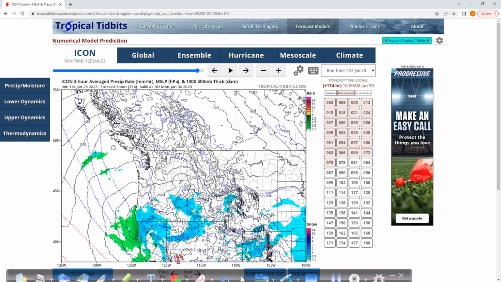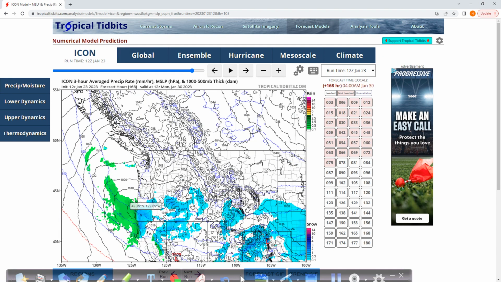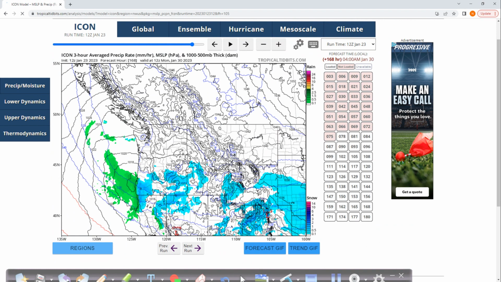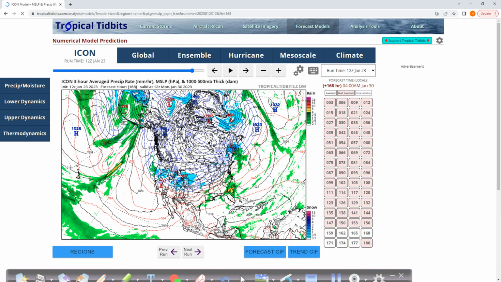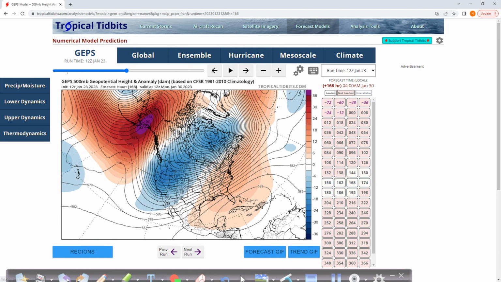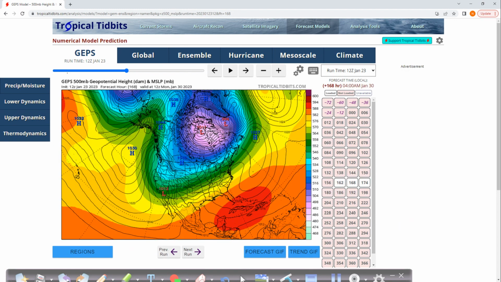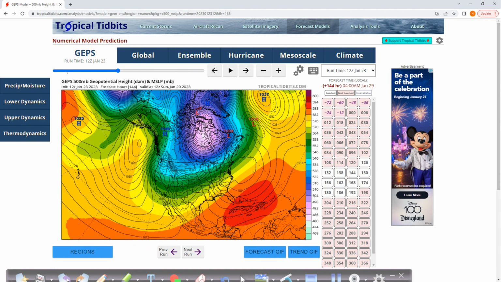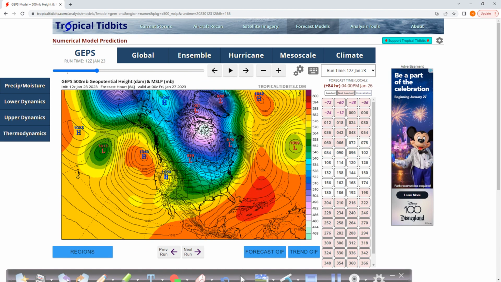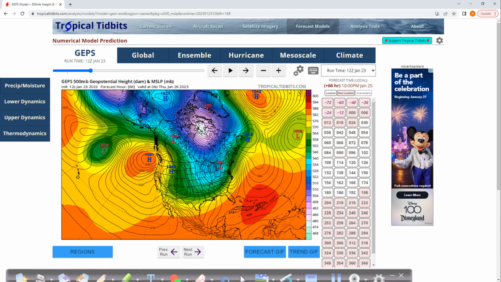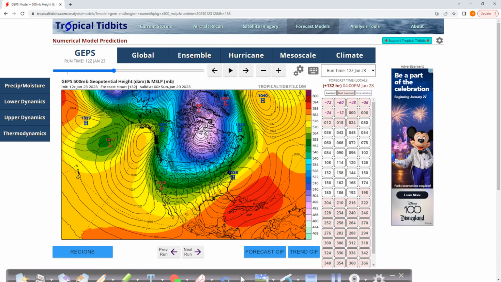All right, that's pretty much it. Let me show you ensembles. So these ensembles are an average of a bunch of different runs of the same model. So this is the ensemble from the Canadian model. It's basically the same model run a whole bunch of times, and then this is just the average of it.